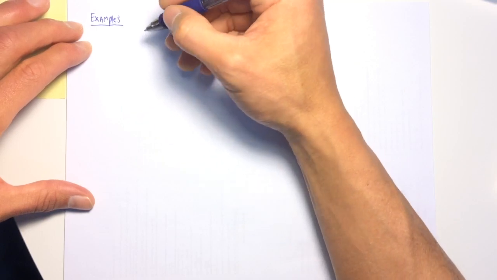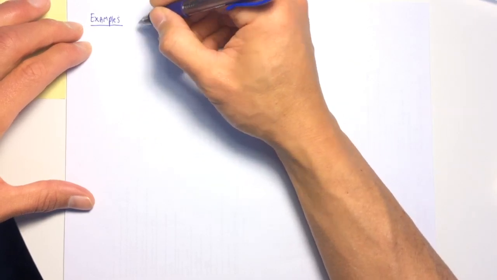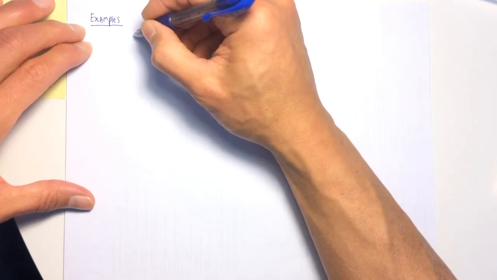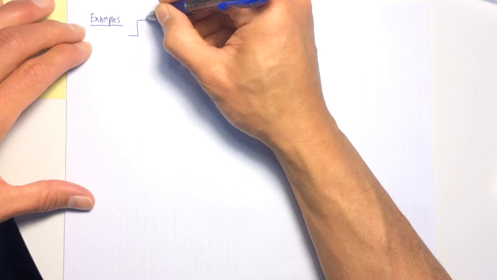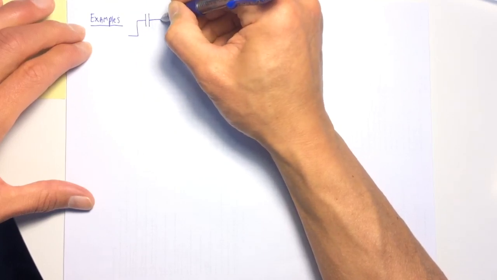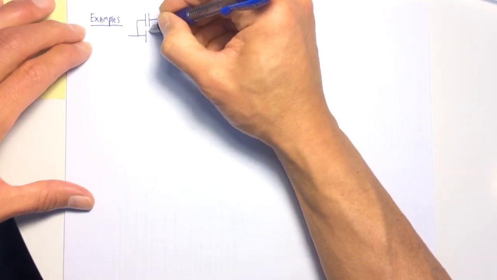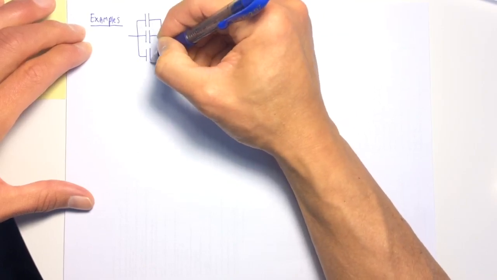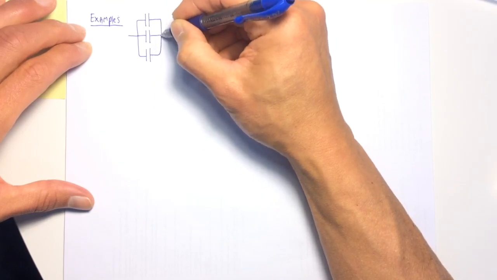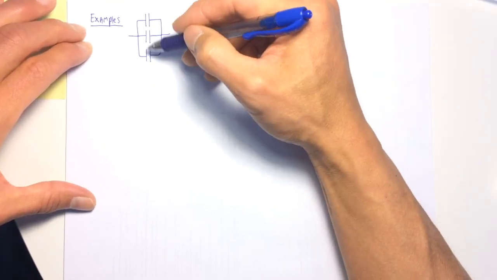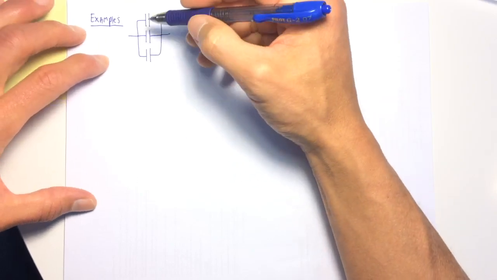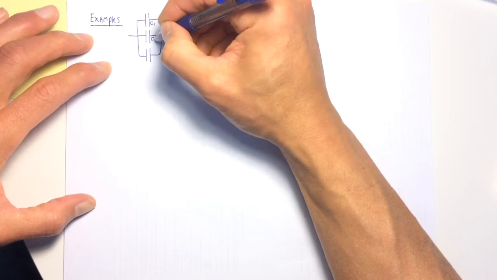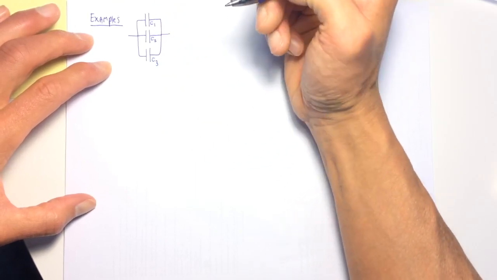Okay, so the first example is this. So what if I have the situation of, say, this. This is kind of strange, but if you look real close, I have 3 capacitors in parallel, called, say, C1, C2, and C3.